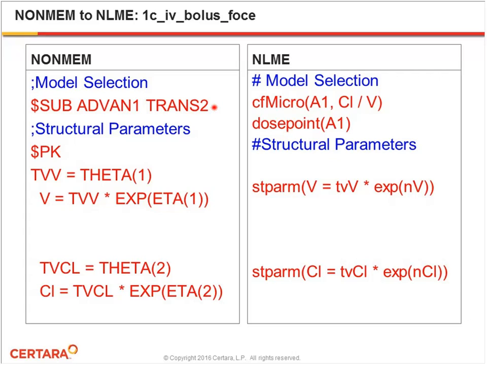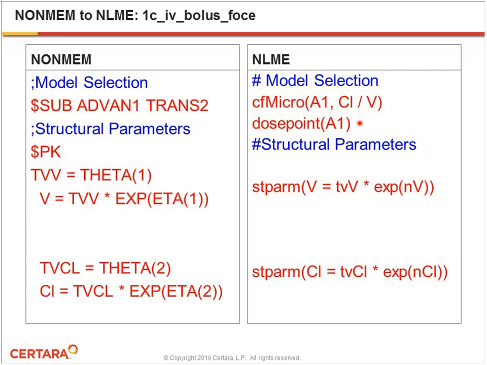The corresponding method selection in PML is done by the cfMicro statement, as you can see here on the right-hand side. This closed form micro statement specifies A1 as the input, IV bolus input, and clearance parameterization with CL and V. One difference in Phoenix, you would also need to specify a dosepoint.